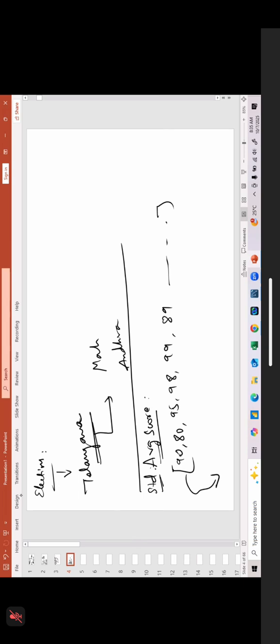Can we use this data to predict the score of another class of data analytics? That is possible. That is what we do in inferential statistics.